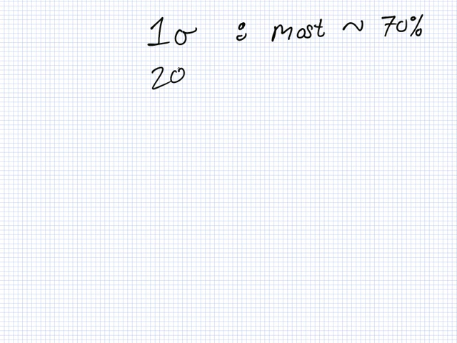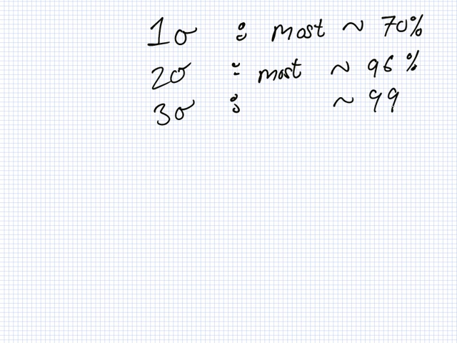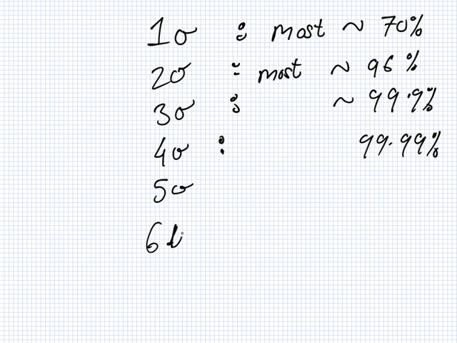When you use 2 standard deviations, nearly, but still it's actually most, maybe about 96%. 3 standard deviations would be about 99%. 4 standard deviations would be like 99.99%, and then 5 and 6 standard deviations would be maybe 99.999%.